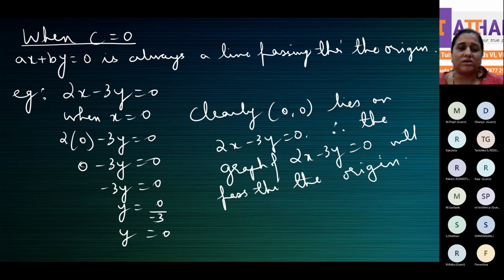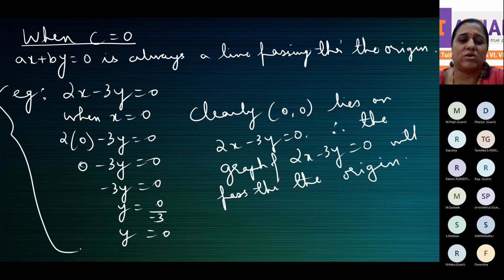These are just to make you understand, children. You don't have to remember examples and all that. I'm just telling you why. So you take any equation. When y is 0, x will be 0, or when x is 0, y will be 0. So that means 0, 0 satisfies the equation.